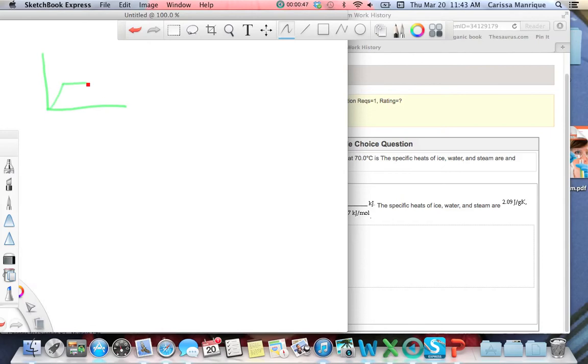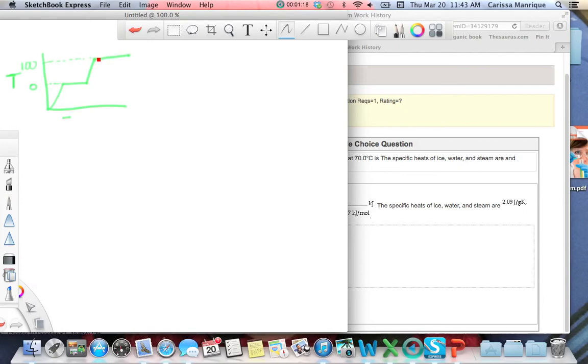It kind of looks like this, and I'll show you a slide of it so you can see it better. Okay, and this is going to be temperature. No, temperature's over here. So here we're looking at degrees, this temperature is at 0 degrees, and this one is at 100 degrees.